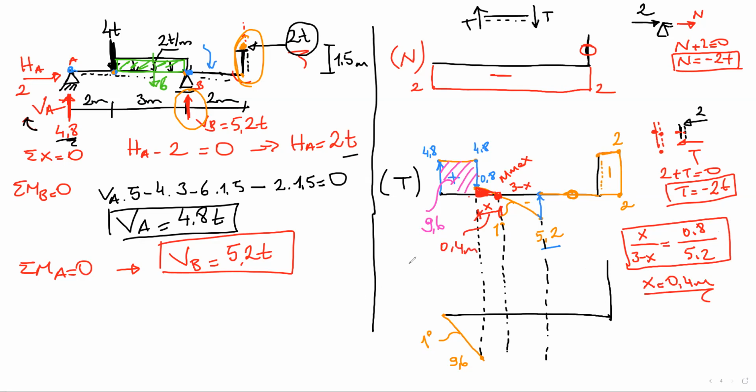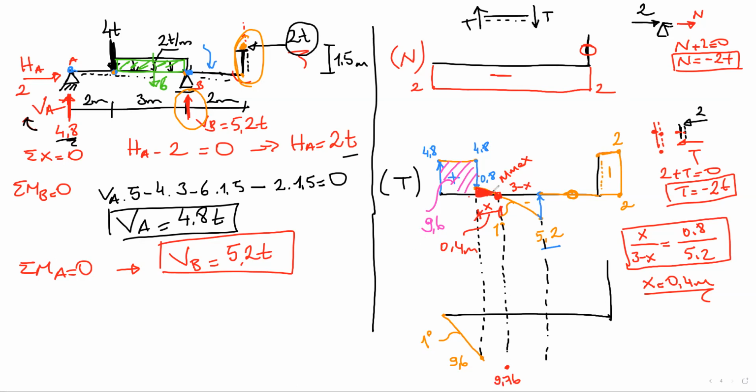So we can now calculate the area of this red triangle: 0.4 times 0.8 over 2 is 0.16. This is the positive side, that's why we add it here: 0.16, so it's going to be 0.76.